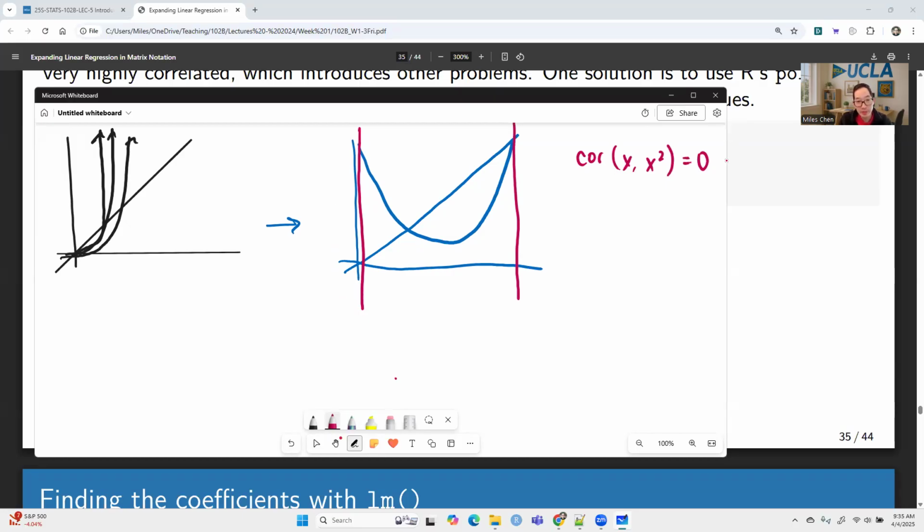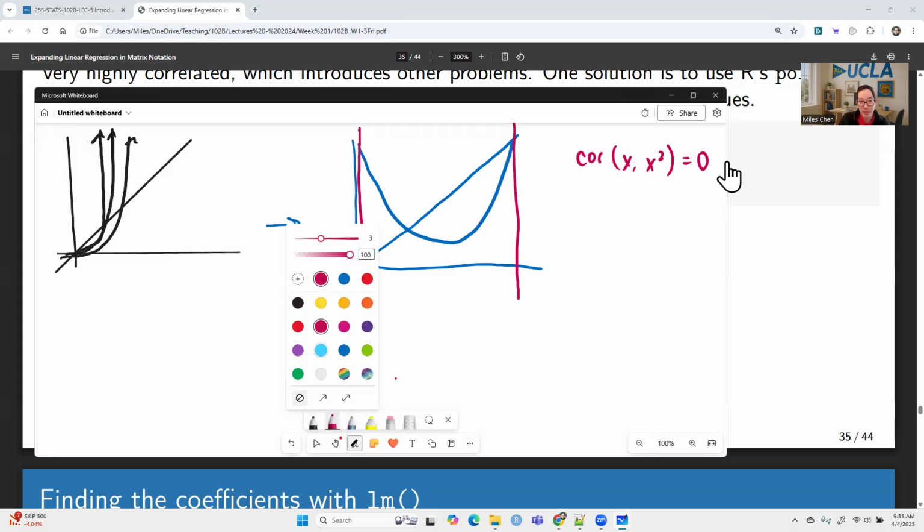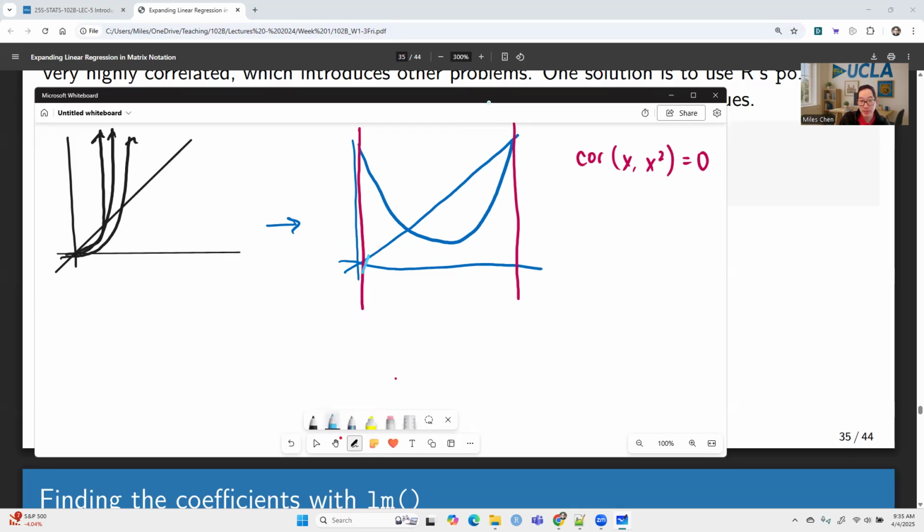Obviously, if we expand this even further, we might not get that. We can have an x cubed term, and it might look something like this.